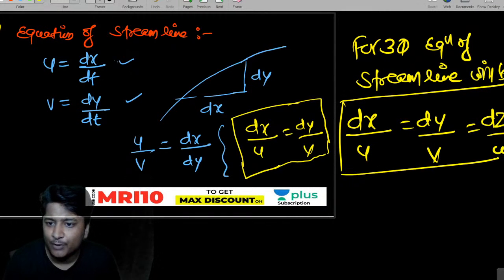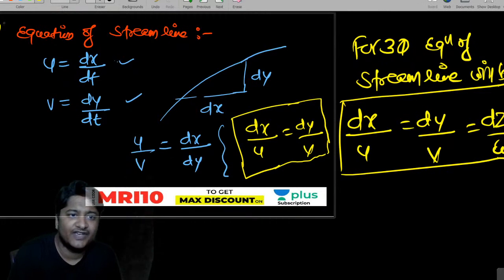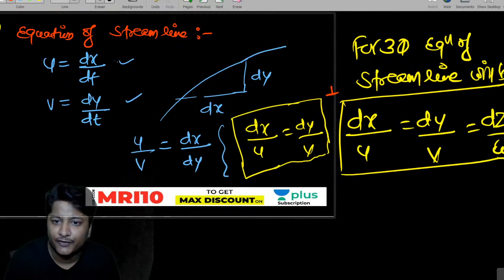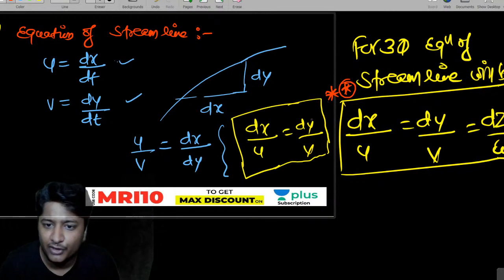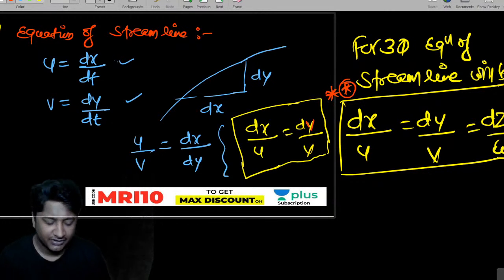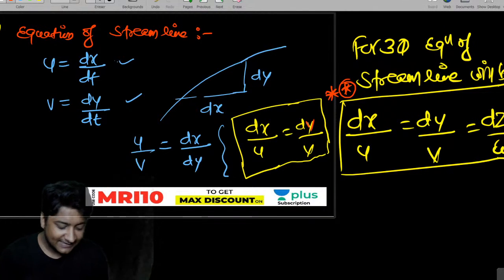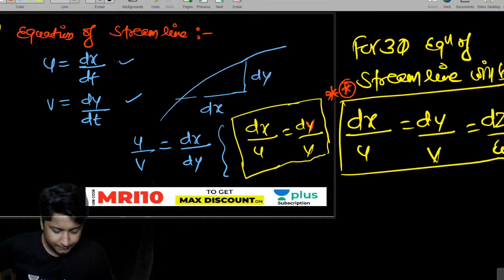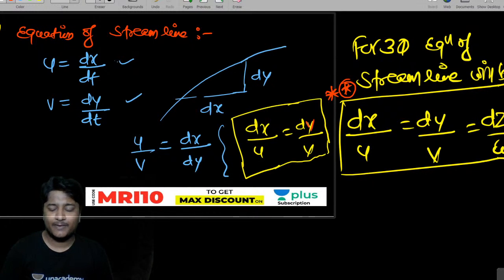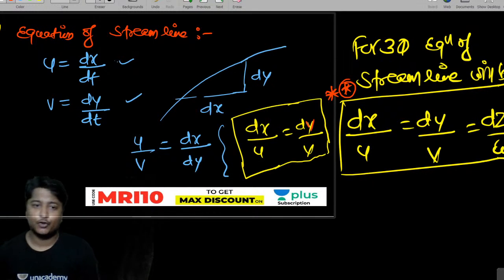Anybody having any problem in this equation can tell me, because this equation is very, very important for you. Mostly we will use the 2D equation, the 3D equation we will not use, but this equation is very important. चलिए, क्लियर हुई बातें? Is that clear to all of you?